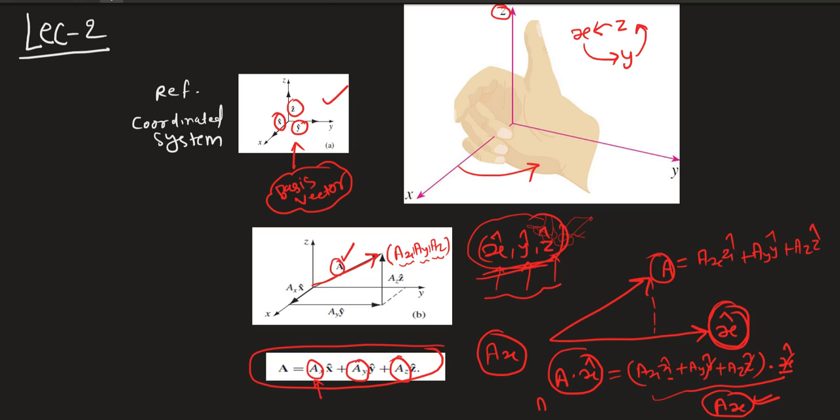Similarly, the dot product, or the projection, of vector A onto y cap would be ay, and the projection of vector A onto z cap will be simply az. So these ax, ay and az are simply the projections of vector A onto the x-axis, y-axis and z-axis respectively.